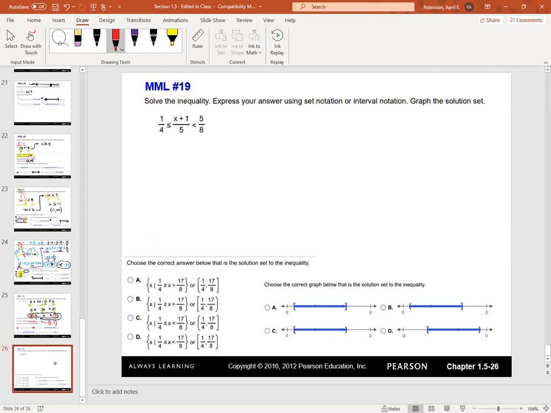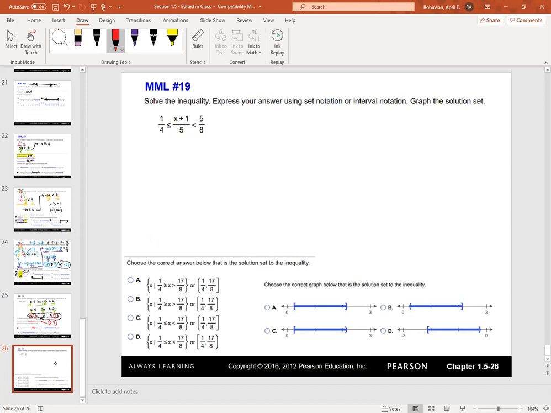And it has to be a number that 4, 5, and 8 can all cancel into. Well, let's see. 4 goes into 8, but 5 doesn't. And 5 and 8 both go into, well, 5 times 8 is 40. So 40 is my magic number.